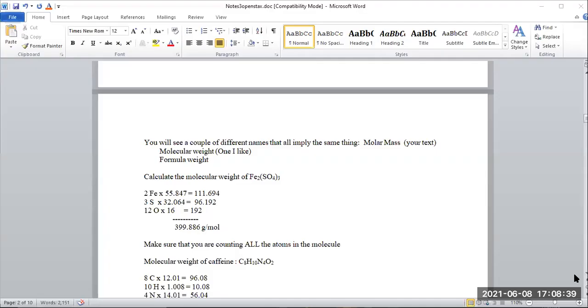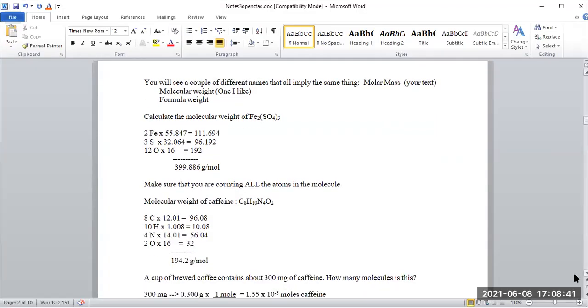All right, back to molar mass. Next one up. One of my favorite molecules, caffeine.